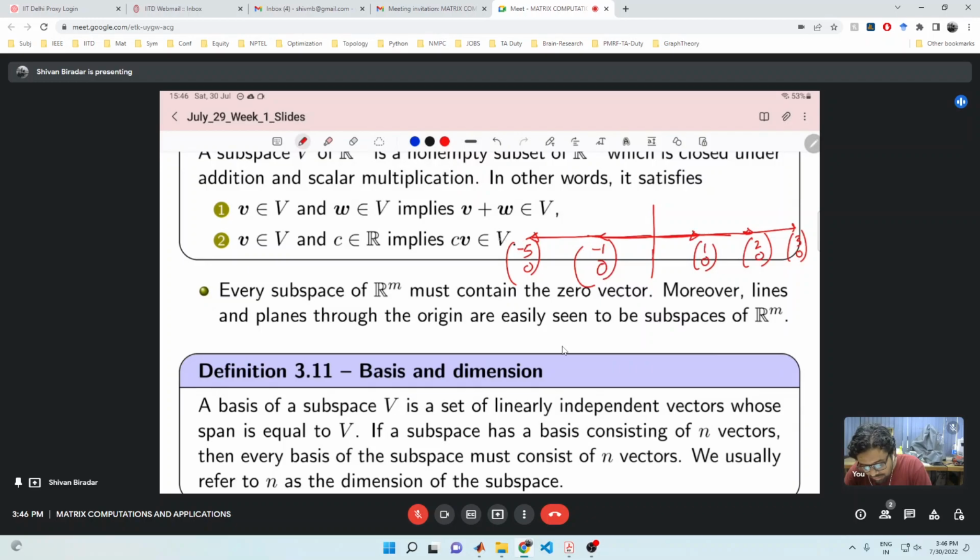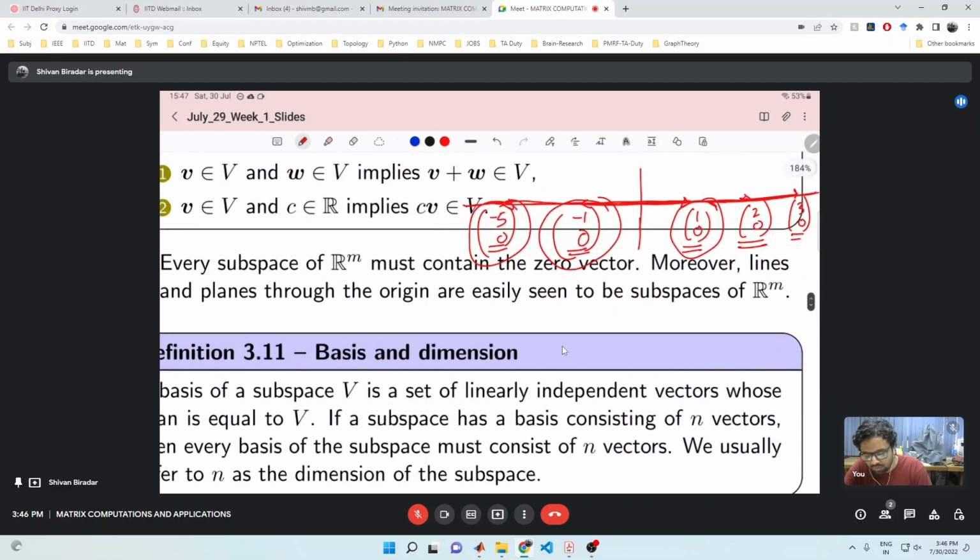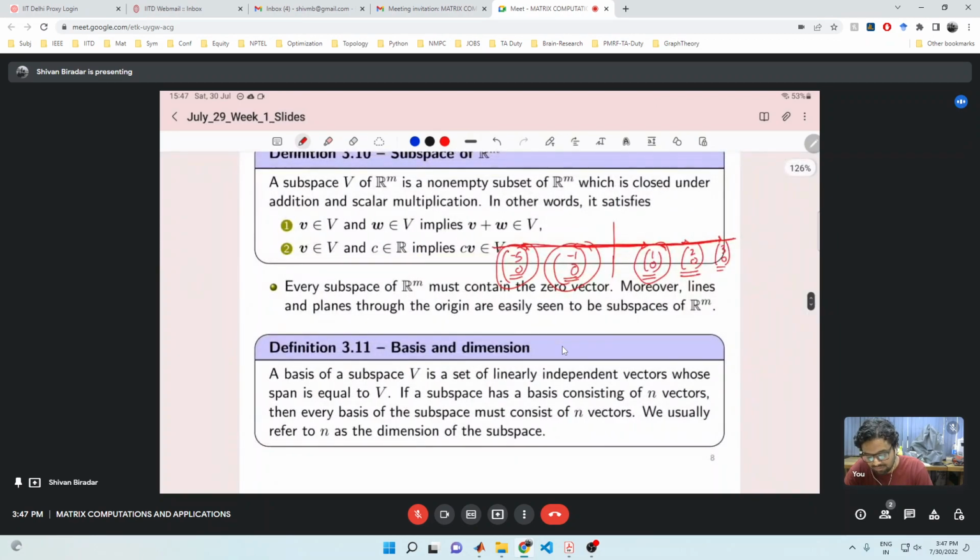So to generate this line, I need just one vector. That vector can be (2, 0), or (1, 0), or (minus 1, 0), or (minus 5, 0), or (3, 0). There is only one vector needed to span this whole line. So that is your basis. We can take (1, 0) as the basis, (minus 1, 0) as the basis, or (minus 5, 0) as the basis. To span this line, we need only one vector, and that vector is your basis.